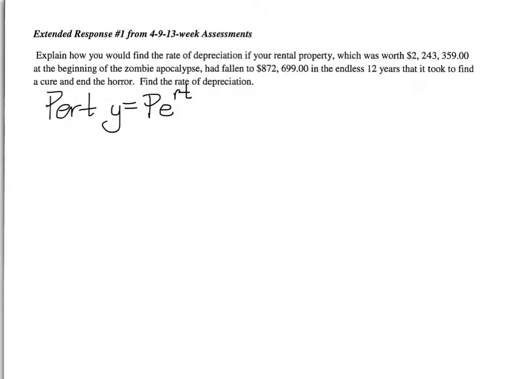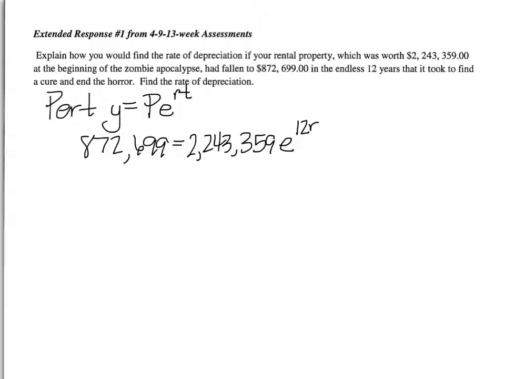So if I plug in the starting amount for my property, that 2 million number, and my ending amount, y, for my property, the 800,000 number, t is 12, e is a number that stays in the formula, then my formula turns into 872,699 is equal to 2,243,359 times e raised to the rate that I don't know times 12, so 12r.